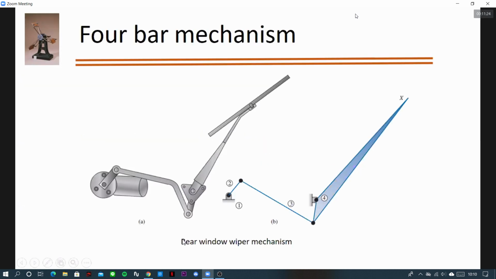It's a rear window wiper or front window wiper, anything you can say. So it is actually a 4-bar mechanism. So what 4 bars do you have? This is your first link, this is fixed. One link is fixed. That's the first link, then the second link, then the third link. And this is your 4th link on which you are actually having motion.